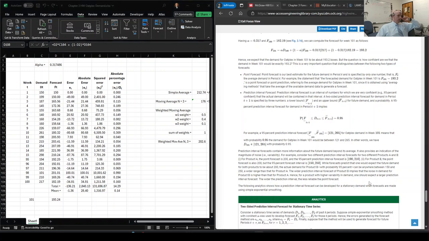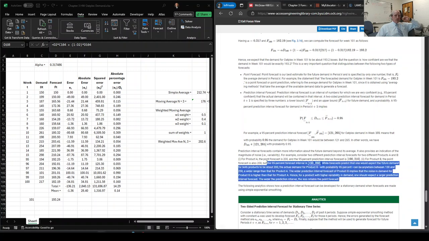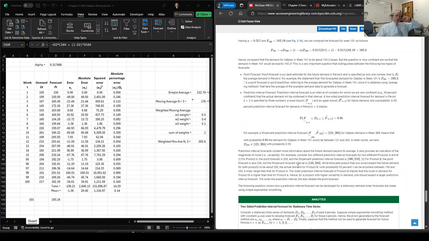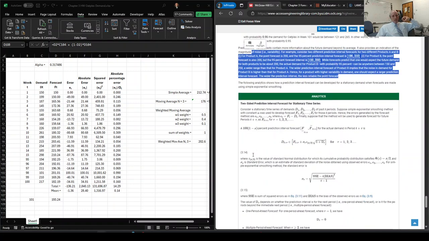Okay, this last part is finding that interval forecast. The reason we're doing that is because we could have the same point forecast for two different forecasts, but the interval forecast gives us an idea of the level of noise in the demand. And this paragraph explains that significance.